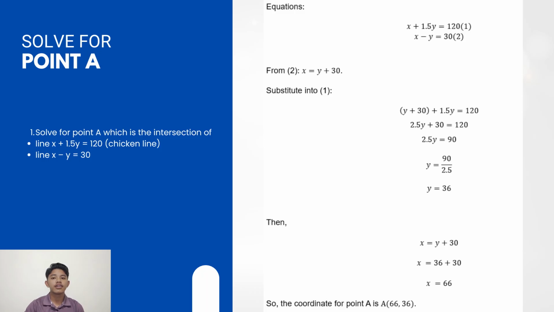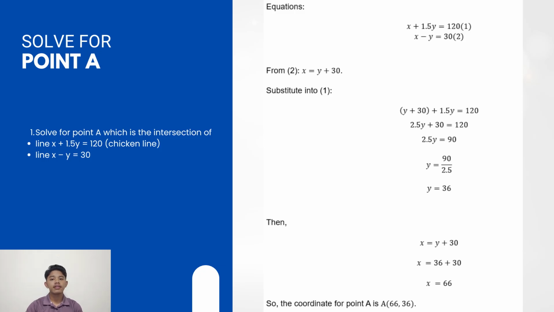We get 2.5y plus 30 equal to 120. Then we subtract 30 from both sides, and we get 2.5y equal to 90. Then we divide by 2.5 on each side, and we get y equal to 36.